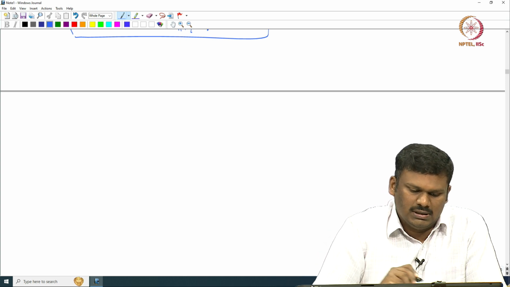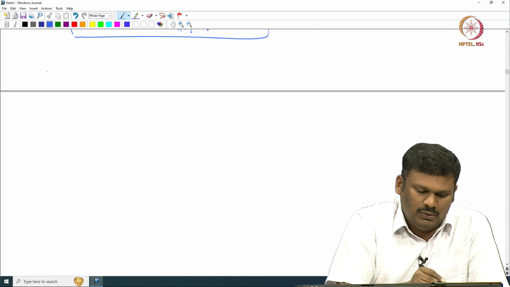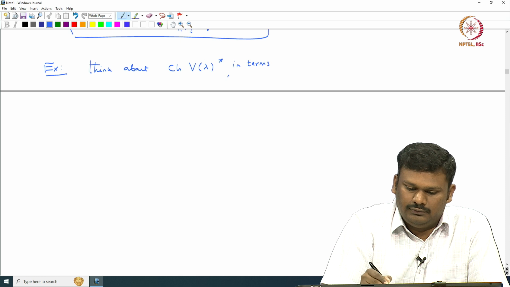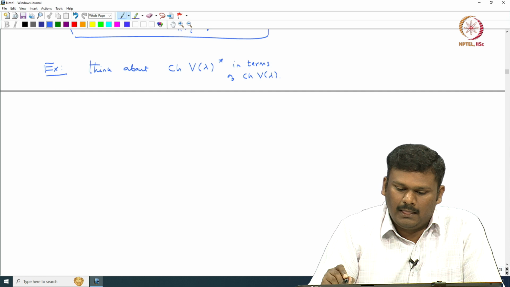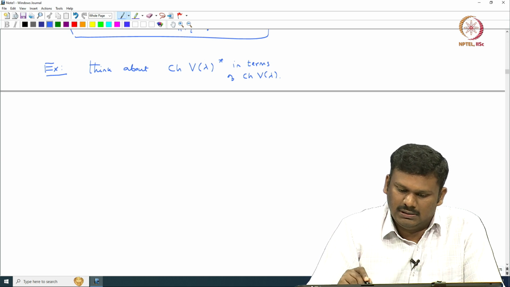Okay. So, to answer that question, first you need to answer it for, let us say, finite dimensional irreducible modules. So, exercise: think about the character of V lambda star in terms of the character of V lambda. You just have to take the corresponding inverses.